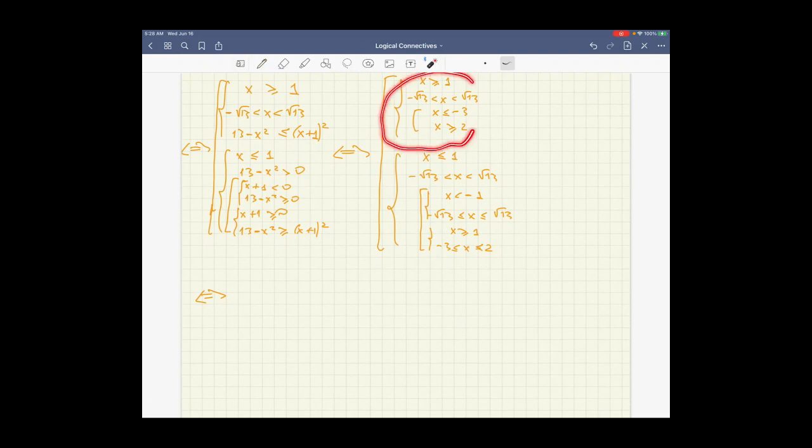So what does that give me? Well, the first system, it's easy if you draw these points on the real line. So x cannot be less than negative 3 because it has to be greater or equal than 1. So I can forget about that condition.